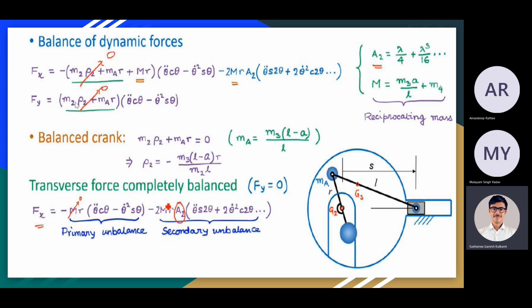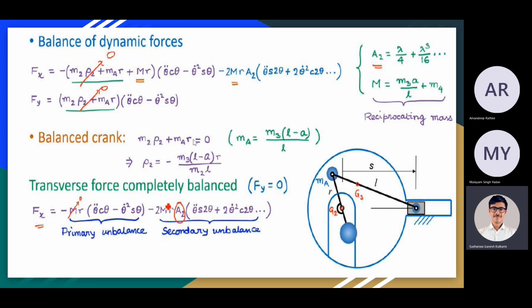So one thing we can do is select ρ2 such that we can totally nullify fy, but there will be a considerable amount of fx due to this capital mass M, which is the total reciprocating mass, mb, that is the other side of apportioned mass of connecting link, and the mass of the piston.